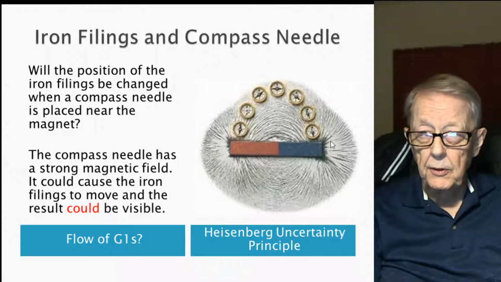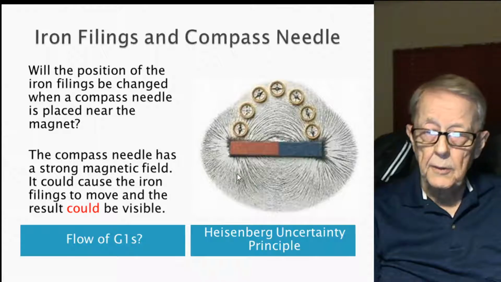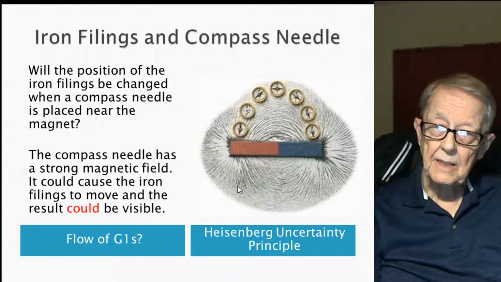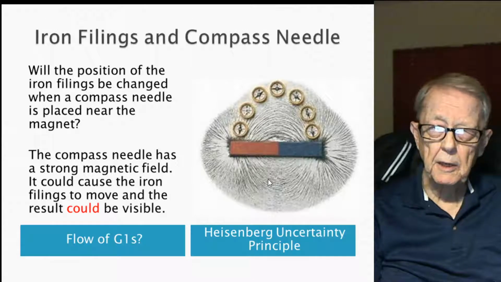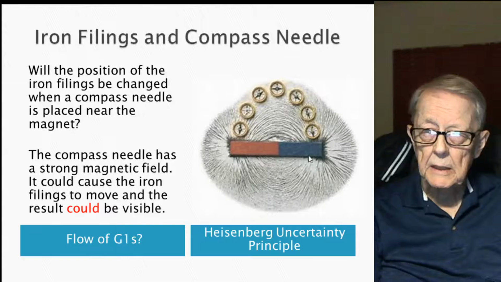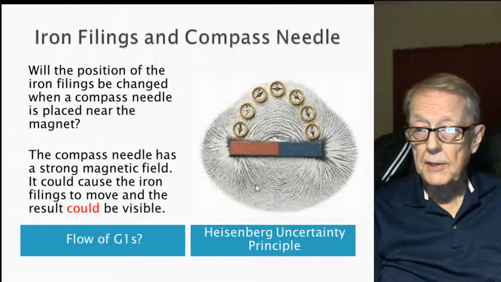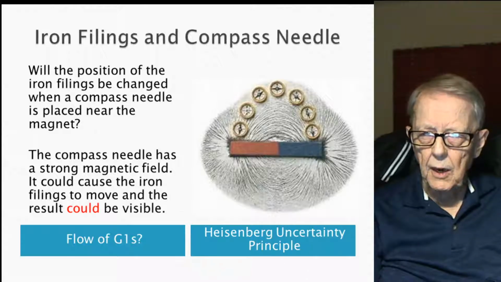What are you doing to the G1 particles flowing around and through the magnet? Pretty strong. It's probably pretty hard to change those, but clearly G1s hitting G1s all over the place, including to separate the lines here. There's a lot of activity, really hard to explain.